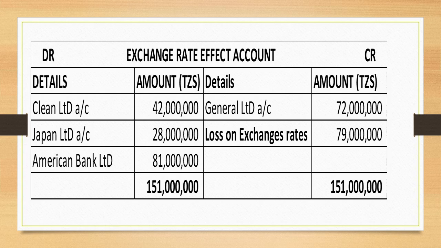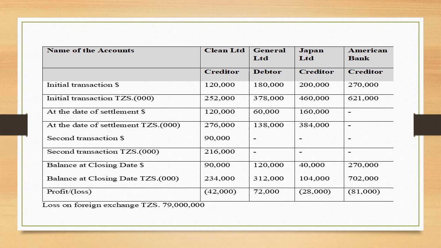Alternative 2: all these may be portrayed in a table. You may have a table with Clean Limited as a creditor, General Limited as a debtor, Japan Limited as a creditor, and American Bank as a creditor. You may have a table showing the initial transaction in US dollars: 120, 180, 200, 270.